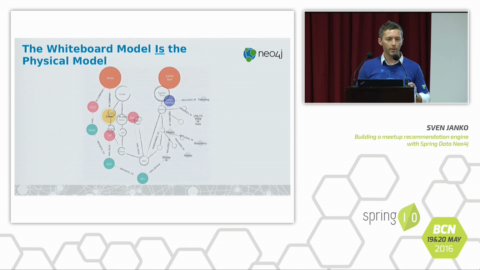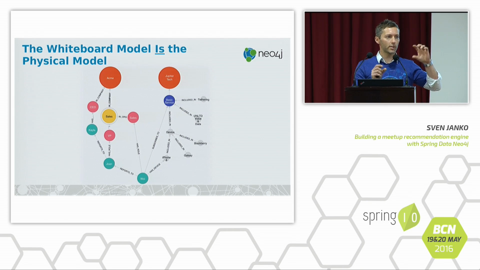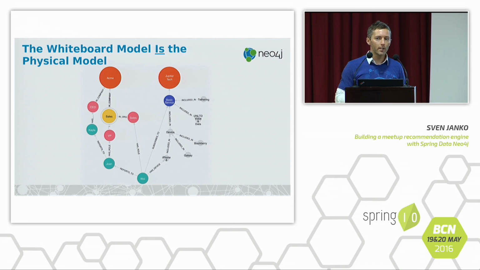So once you have drawn your nodes and relationships, you can just easily copy-paste it into your computer or into your application and use it for querying and exploring your graphs. So that's a very easy and efficient way to start building your applications.